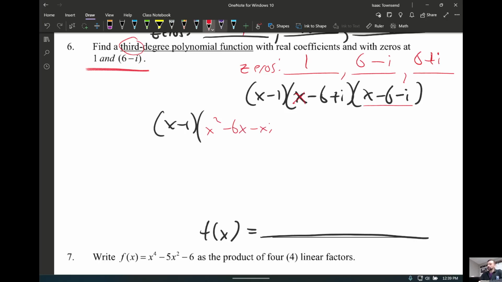That gives you 3 terms. Then -6 needs to be distributed to all three of these. Three more terms. And then the plus i needs to be distributed to all three of these. For a total of 9 terms.